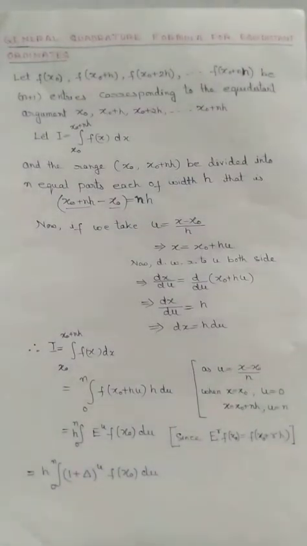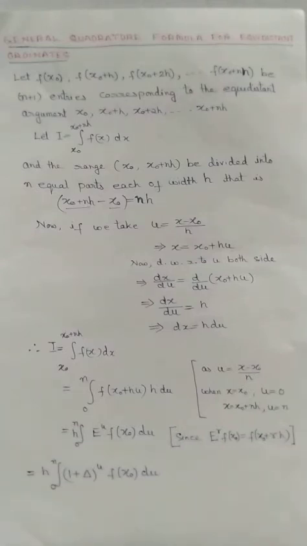Hello students. Under the topic of numerical integration, today we will do the general quadrature formula for equidistant ordinates. As we all know, numerical integration is the process of computing the value of a definite integral from the tabulated values of the integrand.